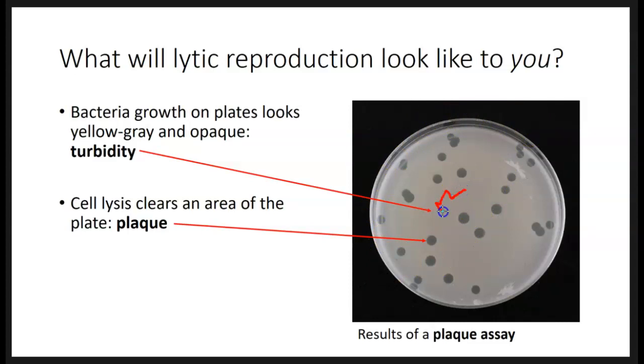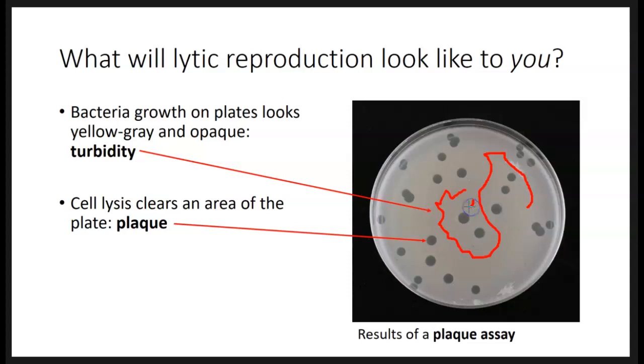That bacteria looks like this gray growth that's all over the plate. We call this yellow-gray opaque looking bacteria growth turbidity. So when those bacteriophages lyse the bacteria, it kills those cells and it clears an area of turbidity on the plate. Right?